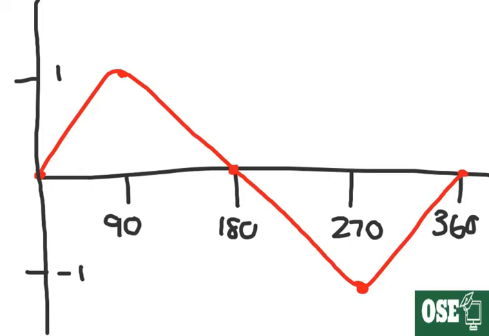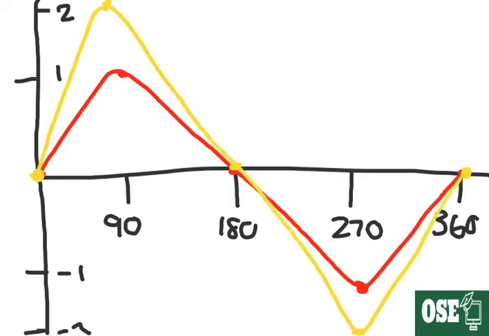So you can see once again, same graph, but because our A is greater than 1, we have a higher amplitude.